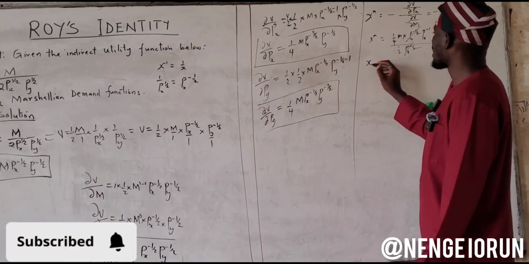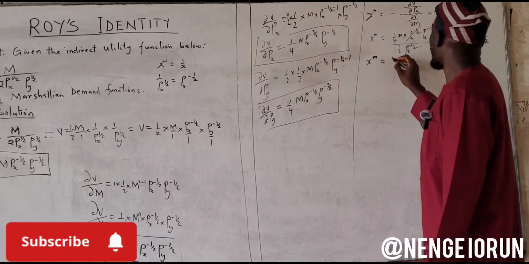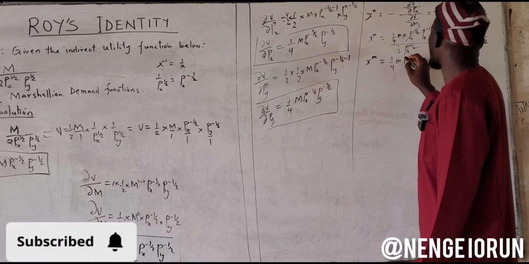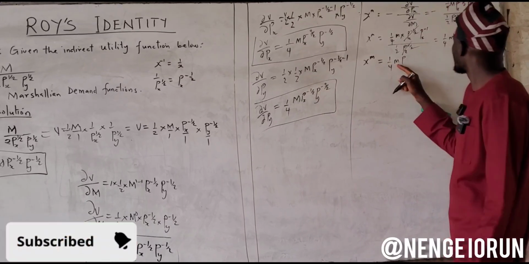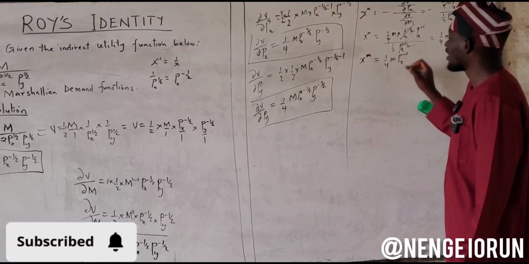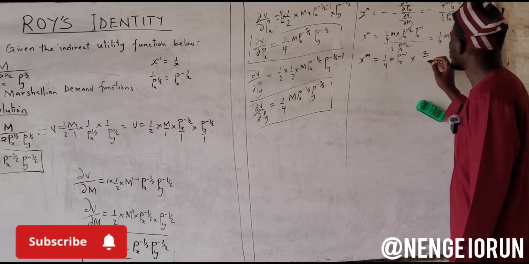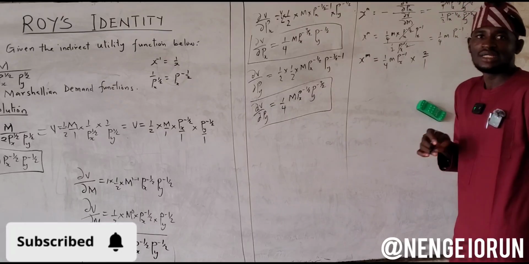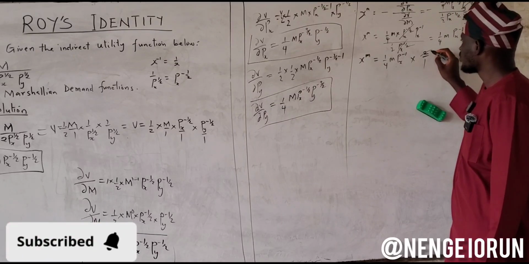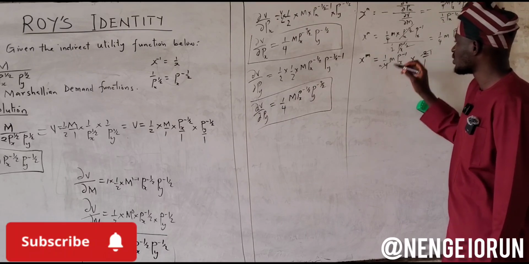This can be written as 1 over 4m px raised to the power of negative 1 times 2 over 1, in such a way that 2 cancel, is 1 times 2 here 2 times.